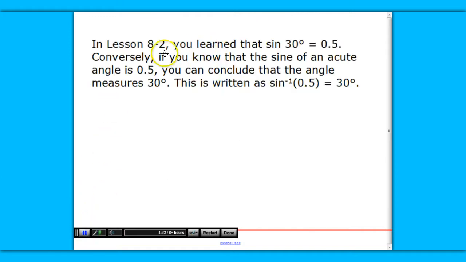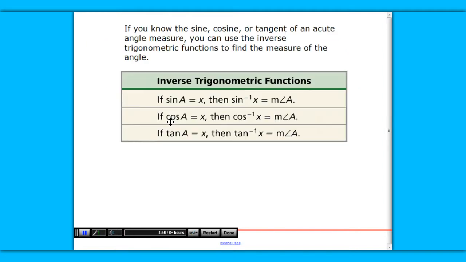So in the last lesson, we learned that sine of a 30-degree angle is half, 0.5. Conversely, if you know that the sine of an acute angle is 0.5, you can now conclude that the angle measures 30 degrees. That is written as the inverse sine of 0.5 is 30 degrees.